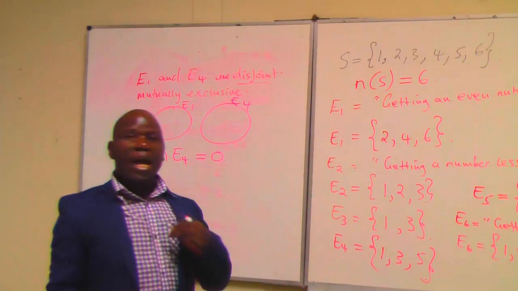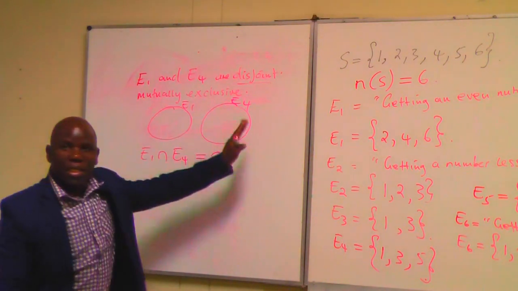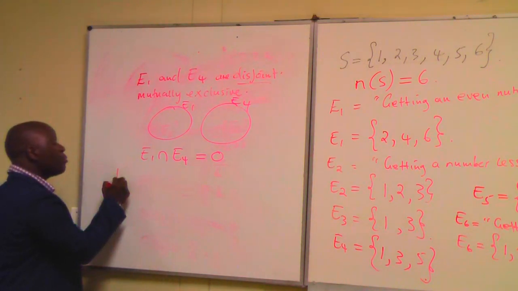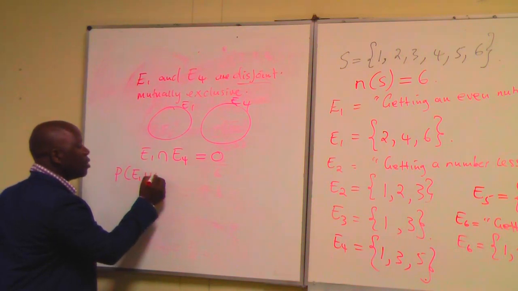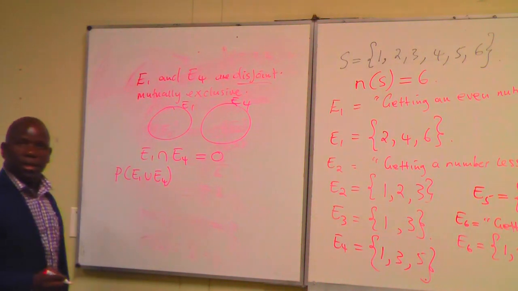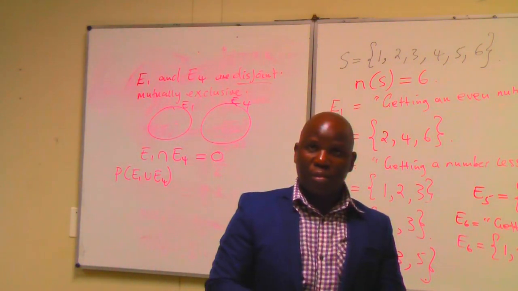Now, what happens if we are to get the probabilities for two events which are mutually exclusive? How do we calculate the probability of E1 union E4? This introduces us to what we call the addition law of probability.